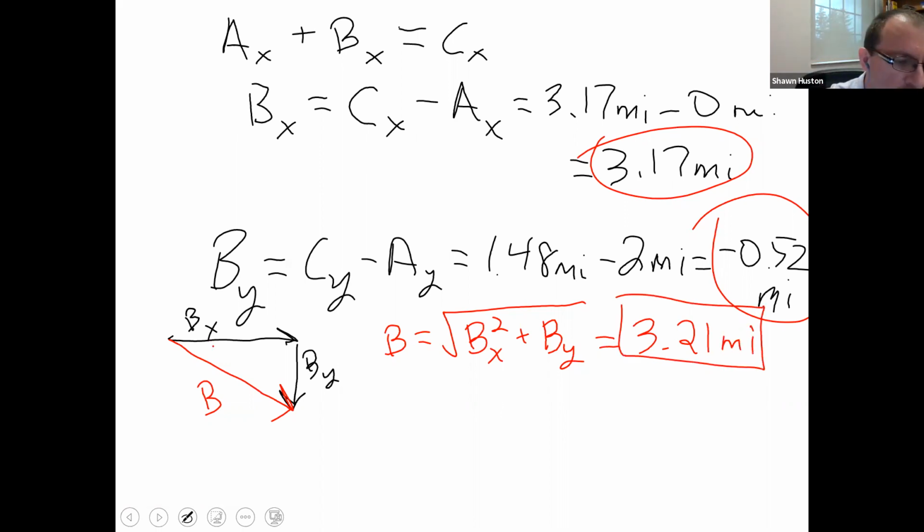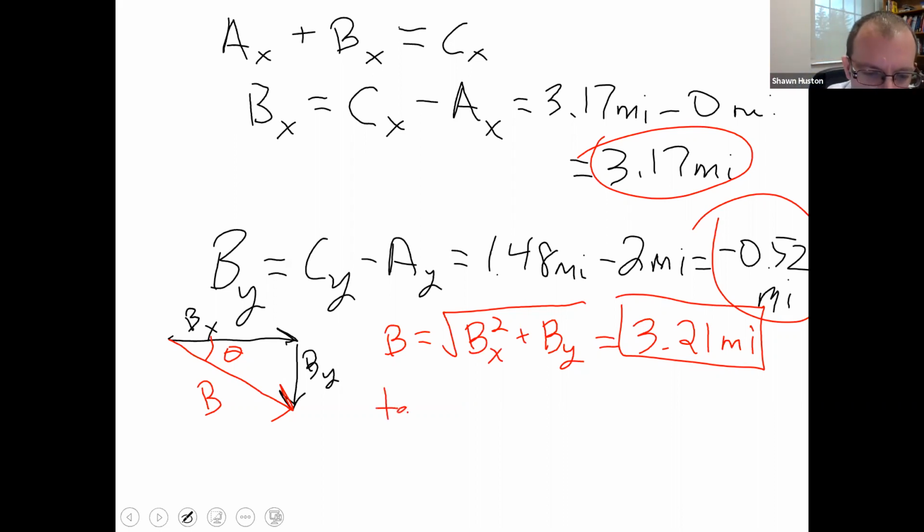3.21 miles. That's great, but at what angle? Well, let's see. There's my angle theta. So it looks like I'm measuring my angle theta off of the east direction. If I were lost in the woods, I would point my body east, and then I would turn to the right a little bit in order to go the direction that I need to go. So how far do I need to turn?